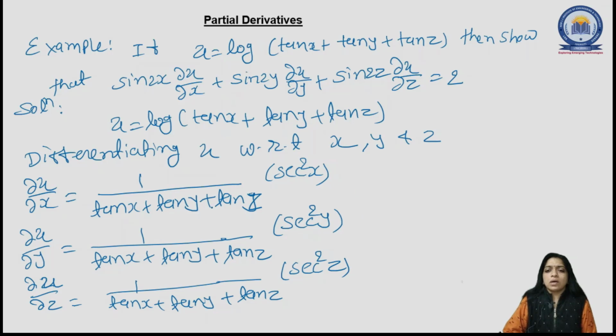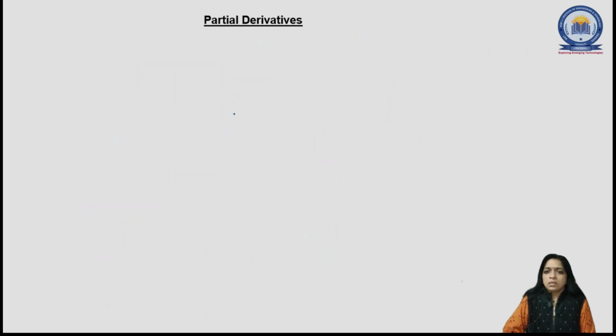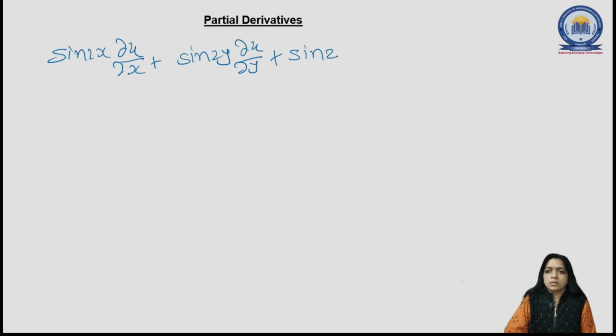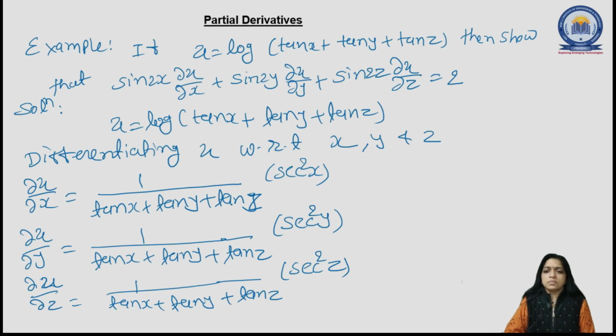So students, now I am going to substitute the values of del u by del x, del u by del y and del u by del z in the left hand side of the equation, that is sin 2x del u by del x plus sin 2y del u by del y plus sin 2z del u by del z. As you all know, the denominator of all these three terms is the same, that is tan x plus tan y plus tan z.